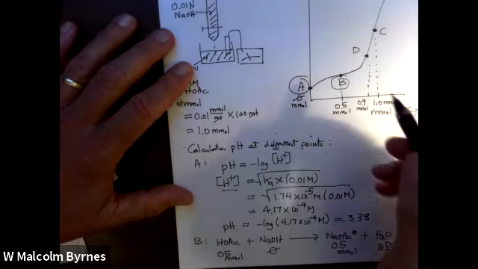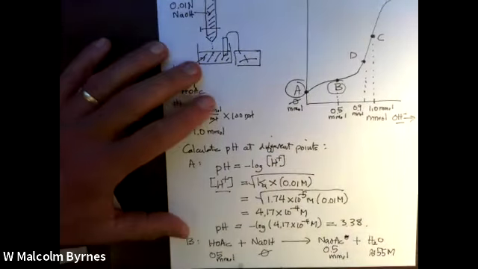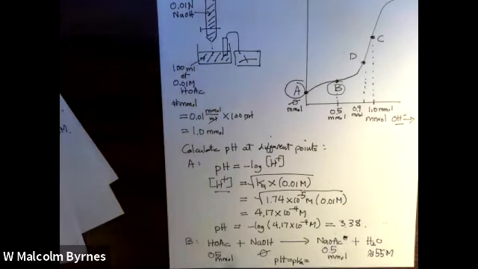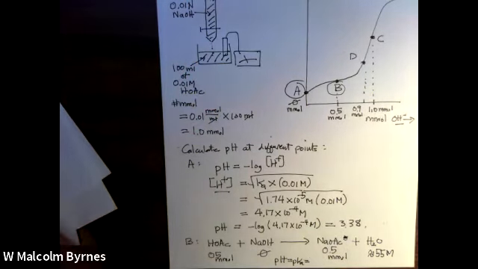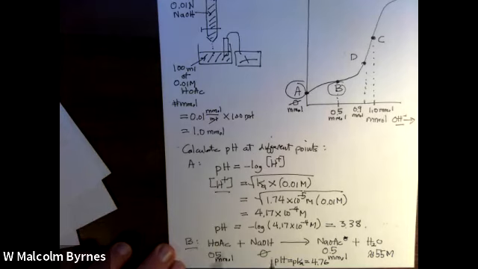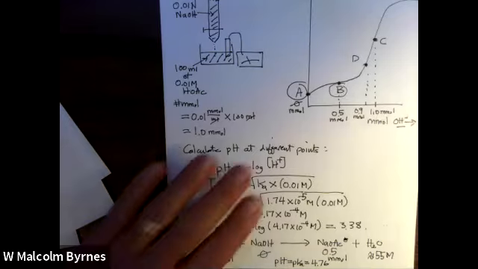That's why at point B, the pH is equal to the pKa, the negative log of the Ka, which is 4.76. So the pH now is 4.76 at point B. We went from 3.38 to 4.76.